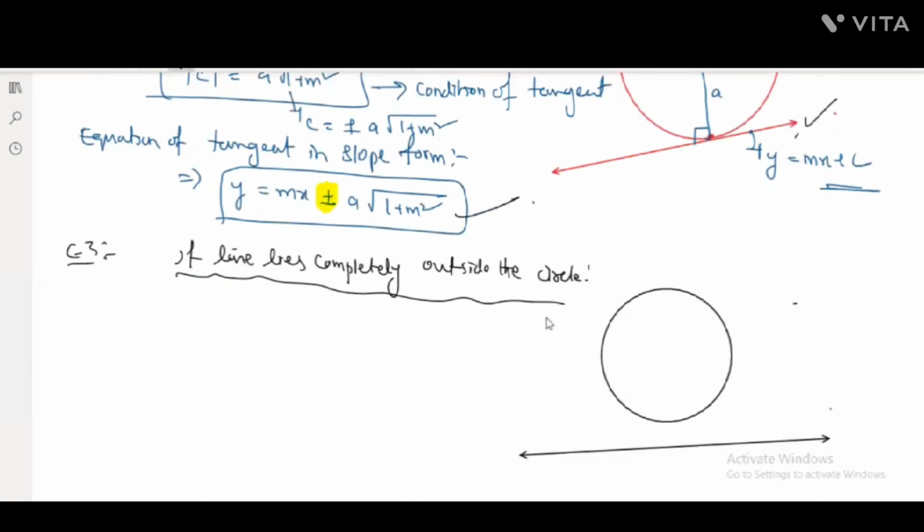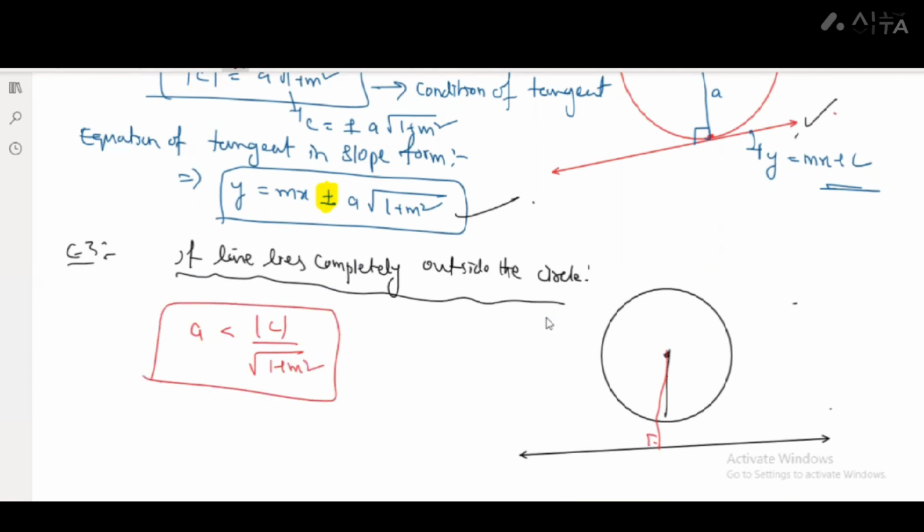In this case, very clearly, the radius is lesser than the perpendicular distance to the line. That means a is lesser than mod c by root 1 plus m square. So these are the three different cases when a line intersects the circle.